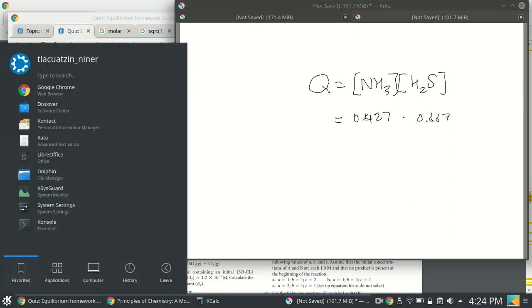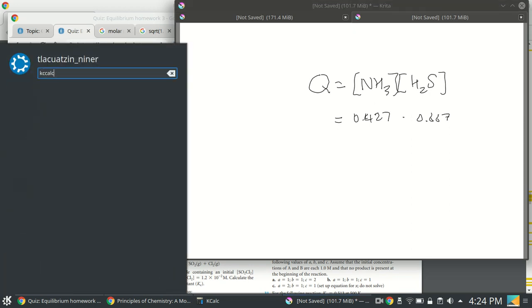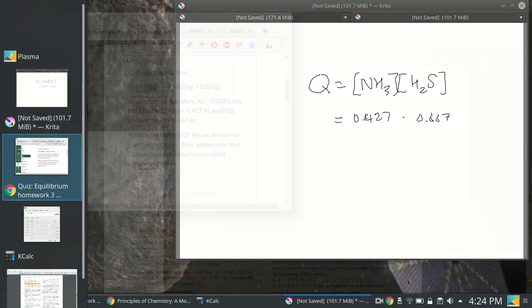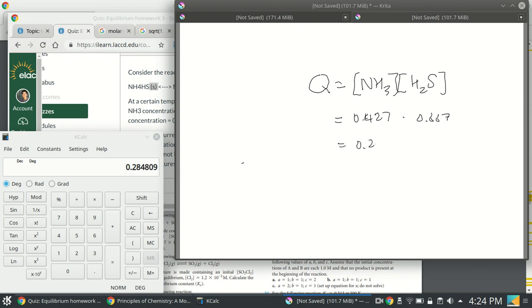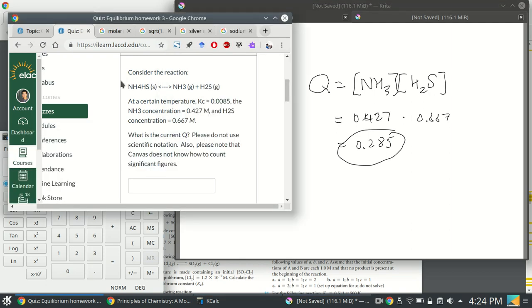It is 0.427 times 0.667, which is 0.285. So Q is equal to 0.285. That is the answer, by the way. So for me, the answer is 0.285.